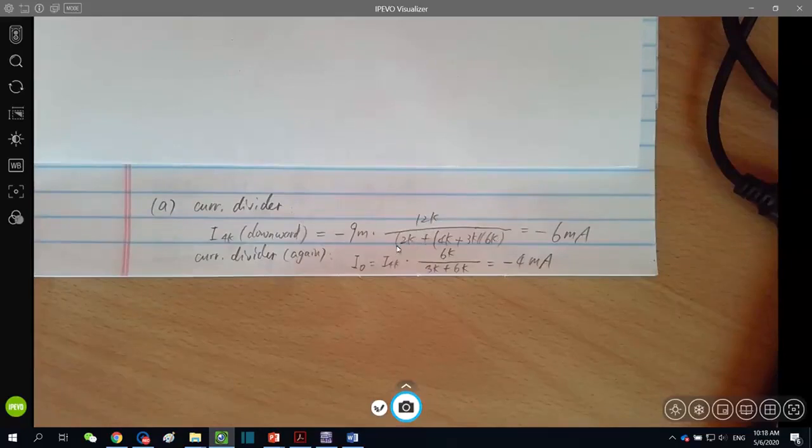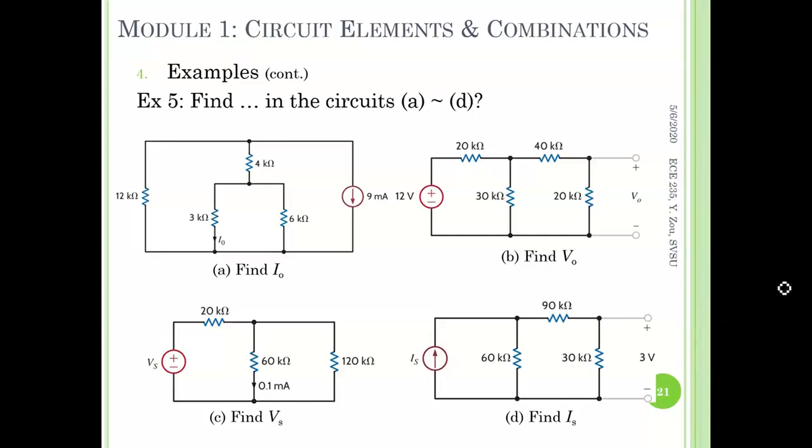Denominator is the sum of 12K and the 4K branch containing the parallel between 3K and 6K here. So the current through 4K downwards is -6 milliampere. And using this current to do the second current divider shared by 6K and 3K, since they're in parallel, you get I0 = -4 milliampere.